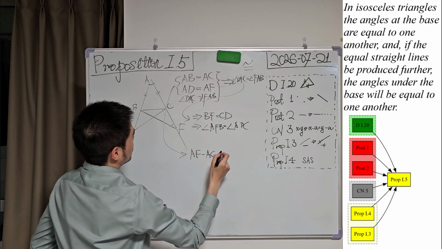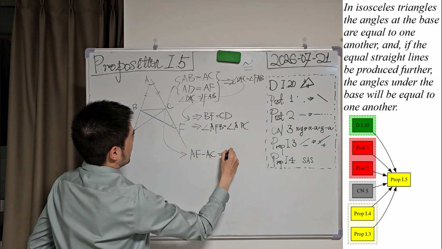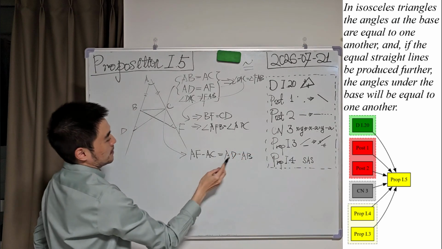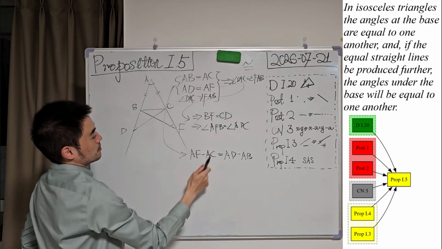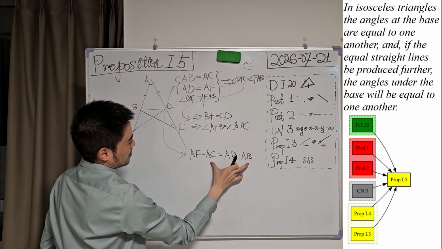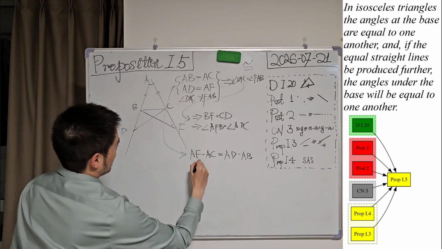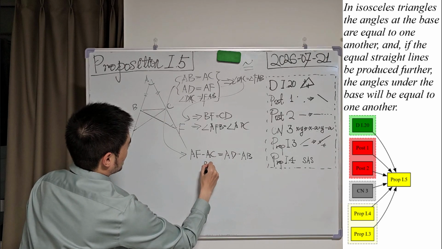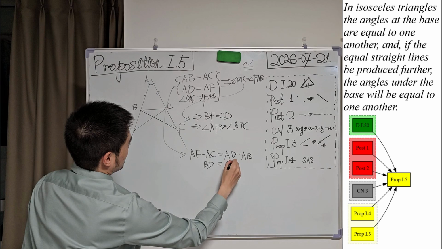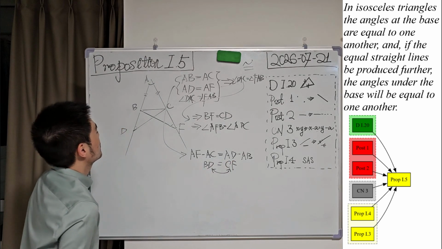It will be equal to subtracting AB from AD, right? Because they are equal and they minus the same thing, the results are equal, okay? So which means we have BD is equal to CF. Sorry, they should be reversed, in the wrong order.